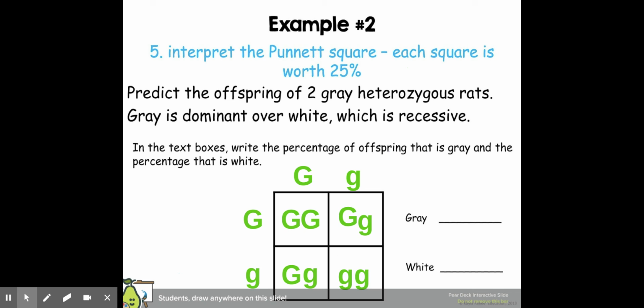So if gray or capital G is dominant and white or lowercase g is recessive, what percentage of the offspring will be gray and what percentage of the offspring will be white? If you need to pause this slide, you may go ahead and fill out.